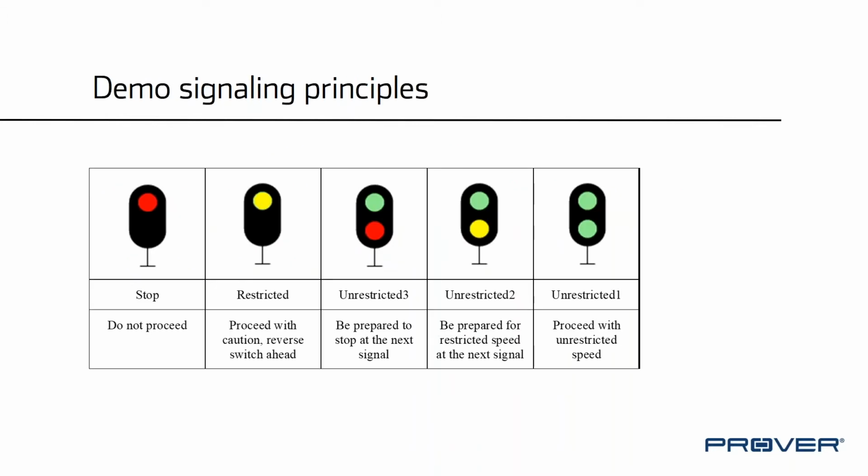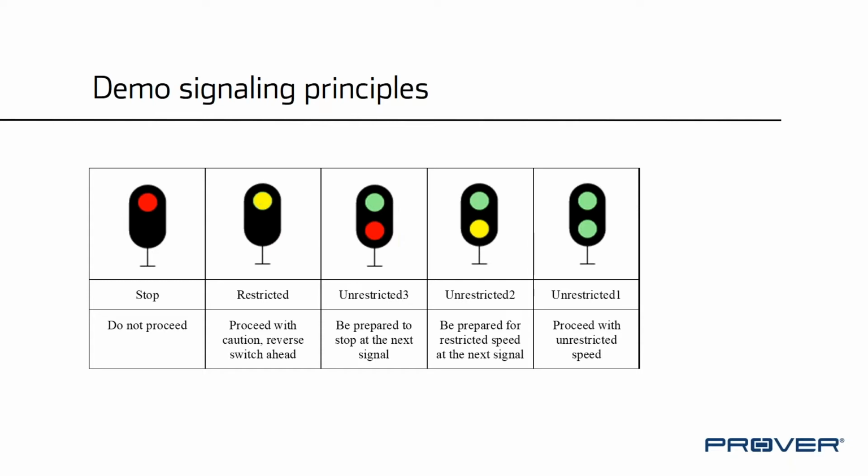For this demonstration, we have created a little mock-up project, you can say. There are some signaling principles that are not used anywhere in the world as they are, but on the other hand, they should be easy to understand for anyone. I'm just displaying here a few signaling aspects because it's easier to understand what's going on if you know what they mean.